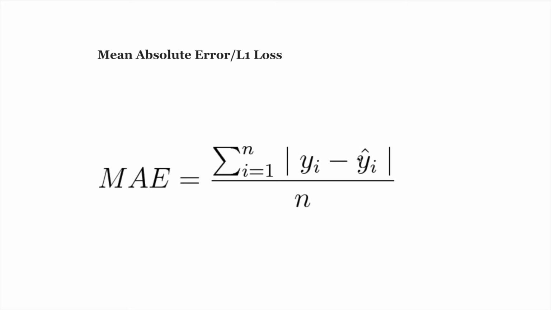It is similar to the mean square error function, but the difference is that we are not squaring the error. We take the absolute value of whatever positive or negative error we get, sum the absolute errors, and divide by the number of samples. It depends on the outliers in the data.